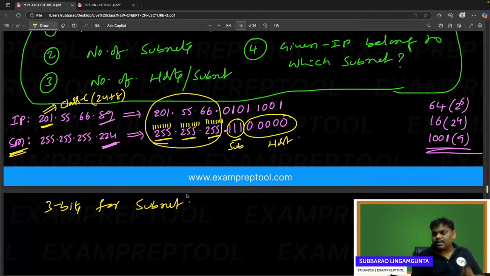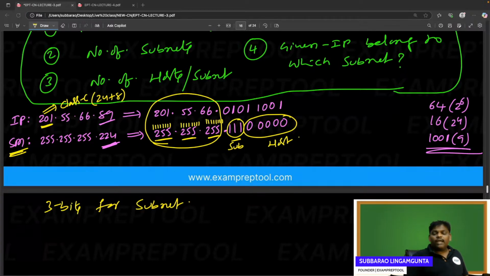3 bits for subnet, okay. Can you say the bit positions? I want an answer. Everyone watching, please let me know. Subnet purpose 3 bits, okay. Can you say the positions?